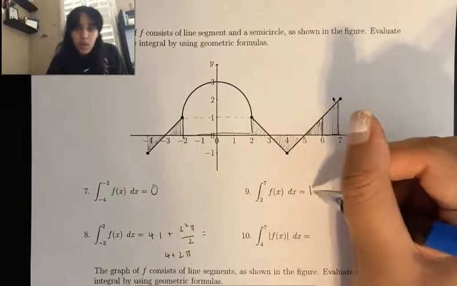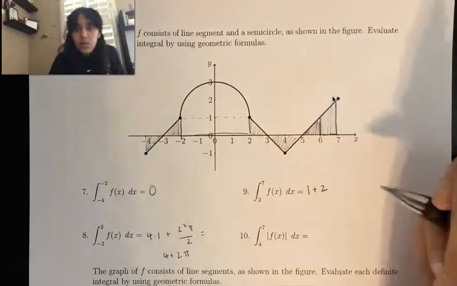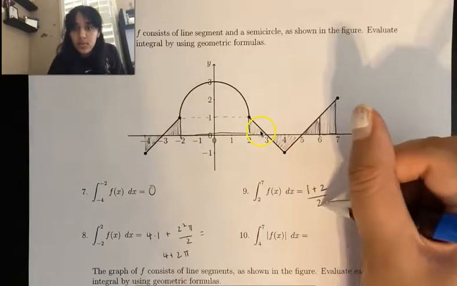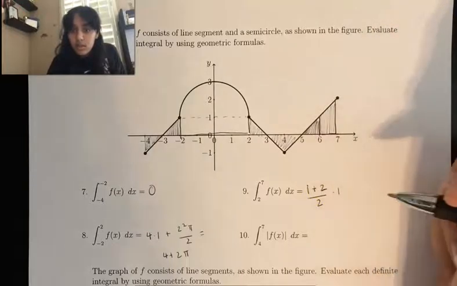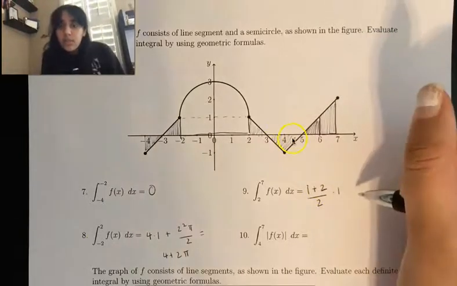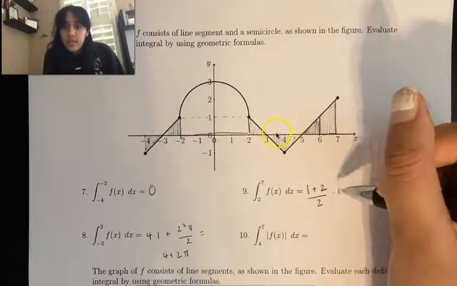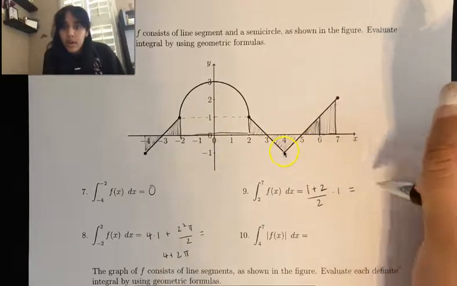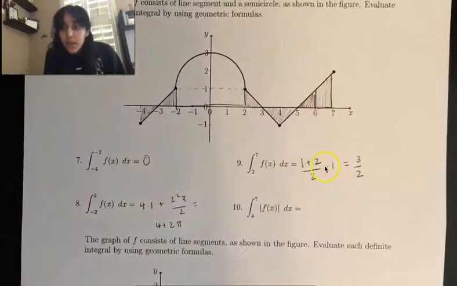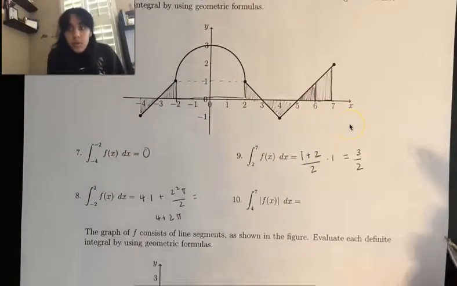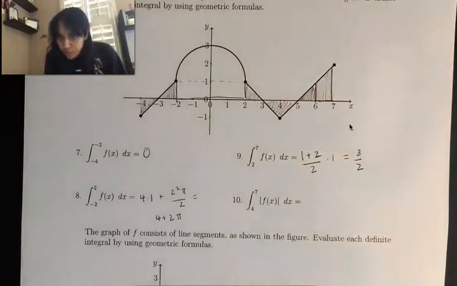So we would do 1, because this is just 1 times 1 over 2, plus 2, because that's your base here, with your height being 1, over 2 times 1 equals 3 over 2.